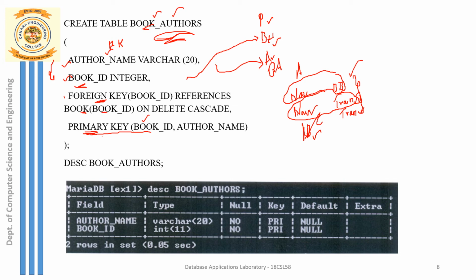We have already implemented the book table, creation has been completed. So here one of the foreign keys is nothing but the book ID. I hope this is clear, and do not forget to also write on delete cascade here. On delete cascade is also very important.